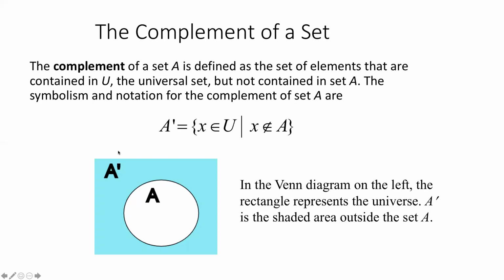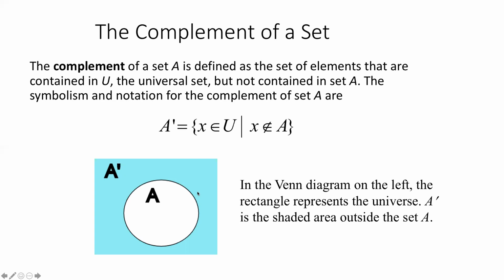So for example, the complement of A is equal to X is an element in the universal set such that X is not an element of set A. Basically it means everything that's not A is the complement.